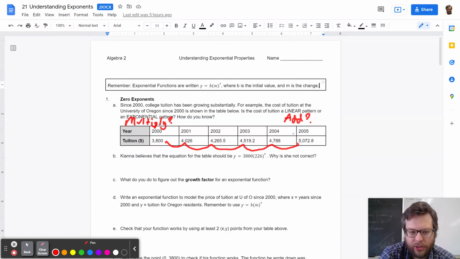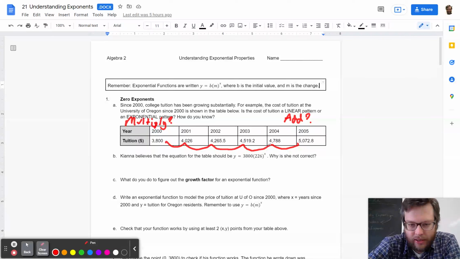And then if I try to add 226 again, it does not land me on the next y value. So I can tell just by looking at the first several y values that it's not linear because I don't add the same number every time. It doesn't go plus 226, plus 226, plus 226. You can especially see that over on the end here, there's a way bigger increase.